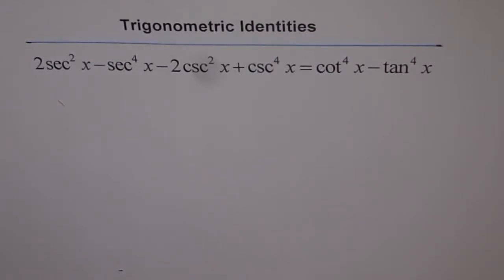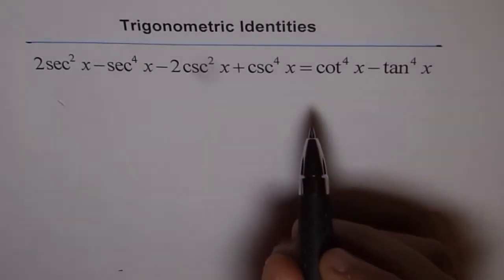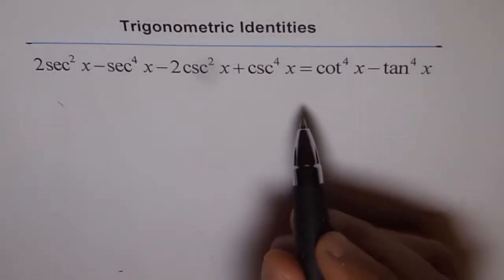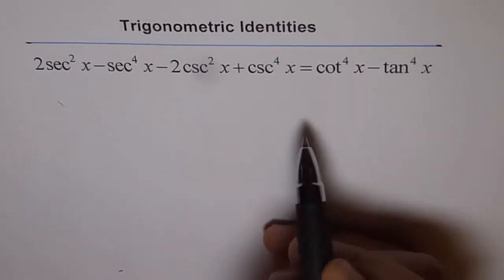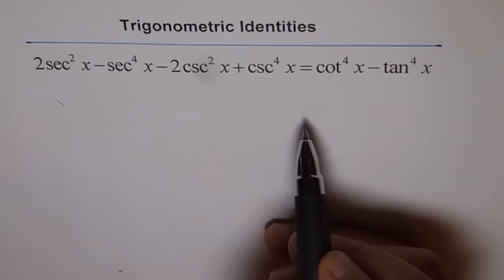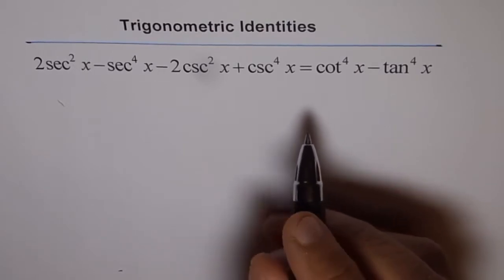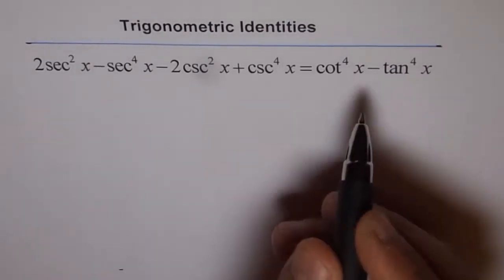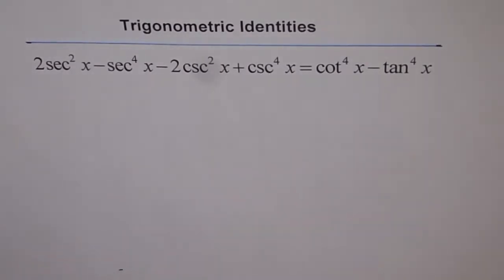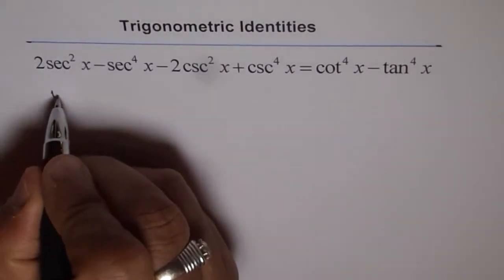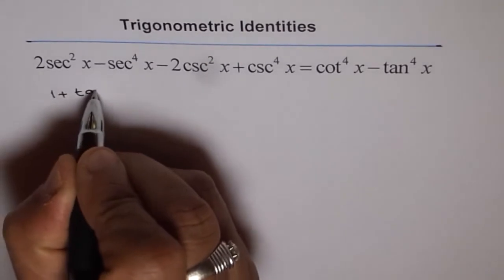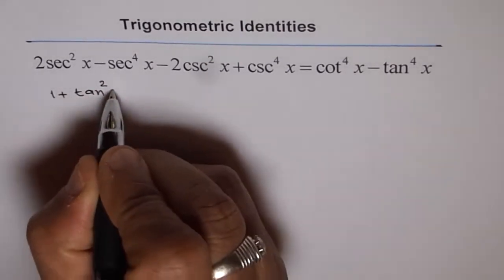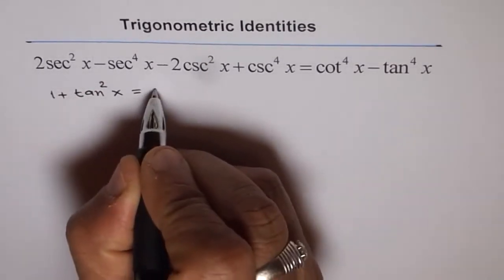Now what we can do is start from either left or right, but let's start from the right hand side. And of course in this we are going to use the Pythagorean identity. I hope you remember the Pythagorean identity, which relates tan and secant square: 1 plus tan square x equals secant square x.